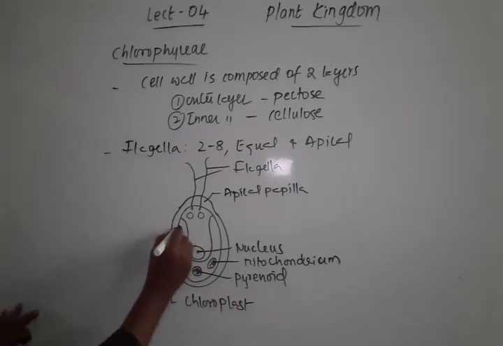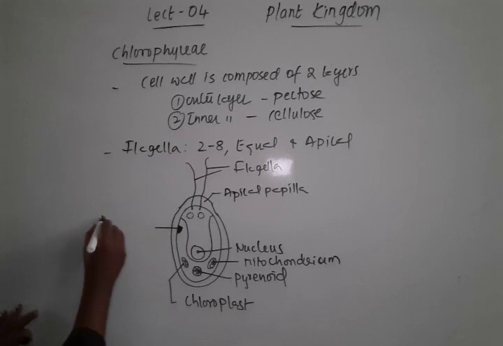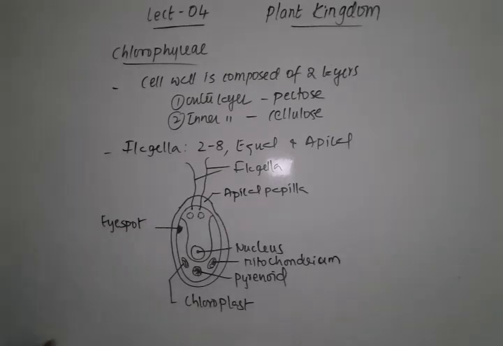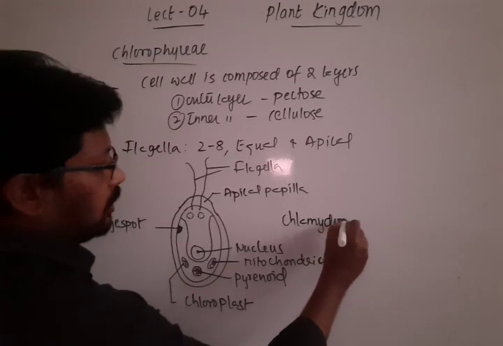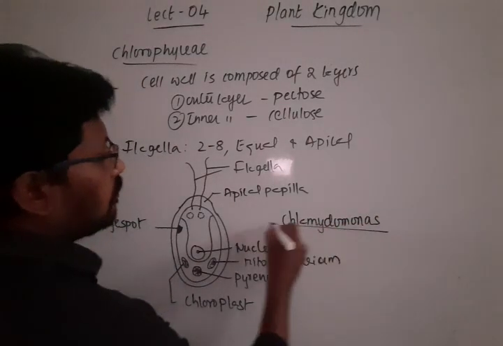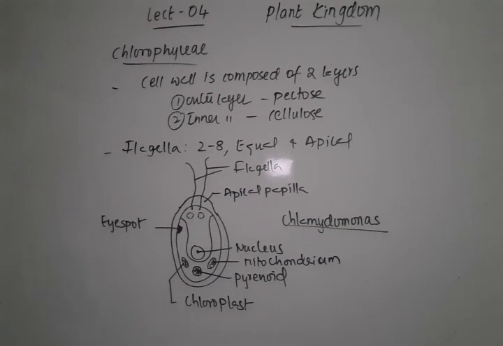And here there is a structure that I call the eye spot. So this is how we see the structure in case of Chlamydomonas.